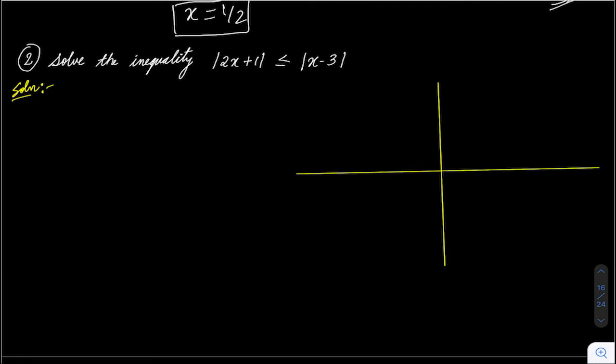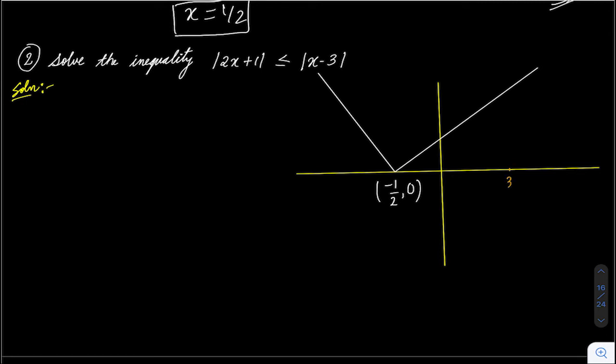So mod of 2x plus 1. So this is x is minus half. So at minus half there will be a V like this. And this point is nothing but minus half comma 0. Okay. Now the second one, mod of x minus 3. There will be a V at 3.